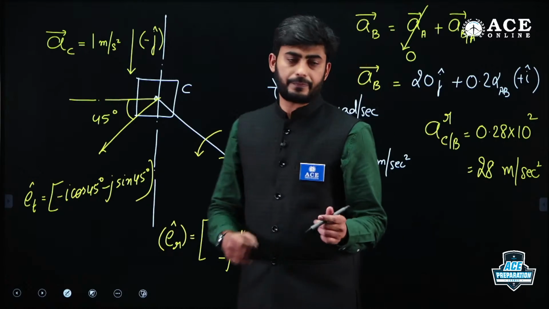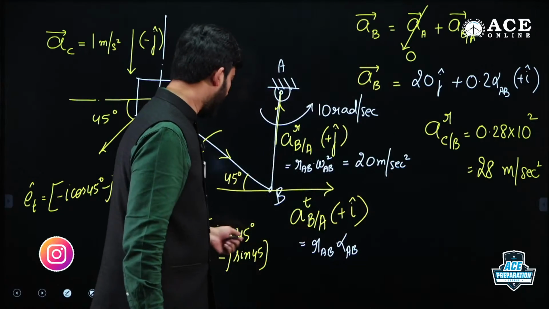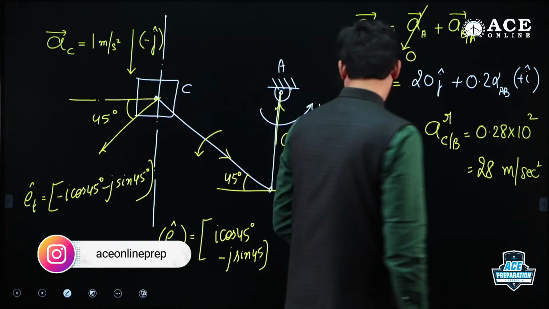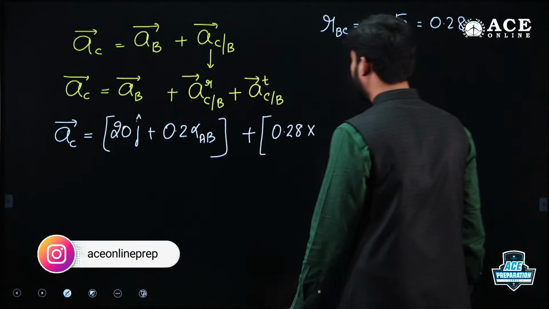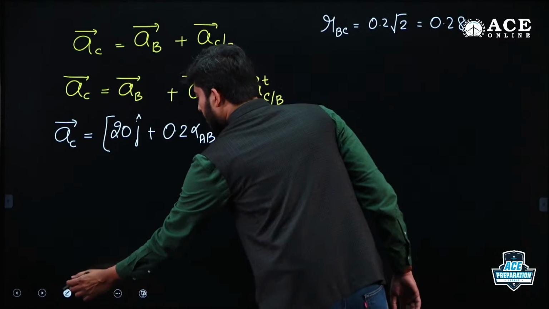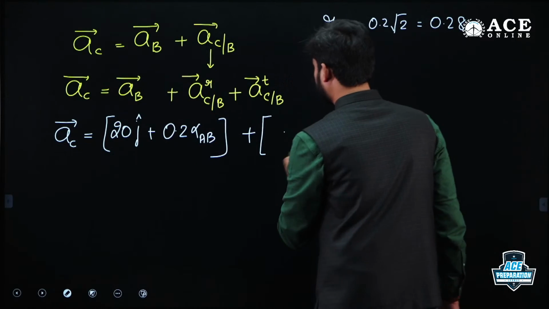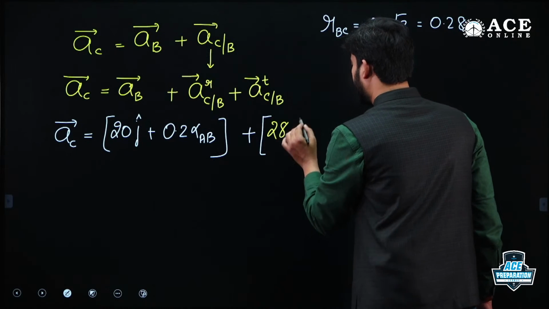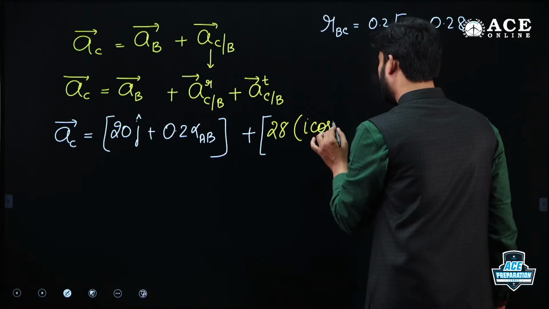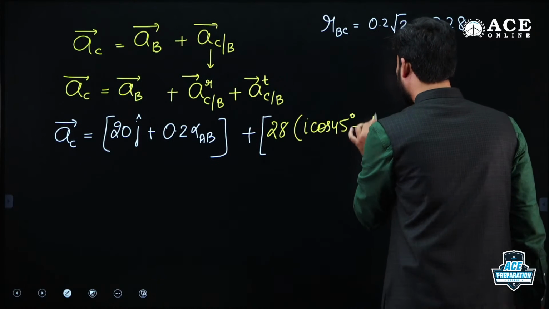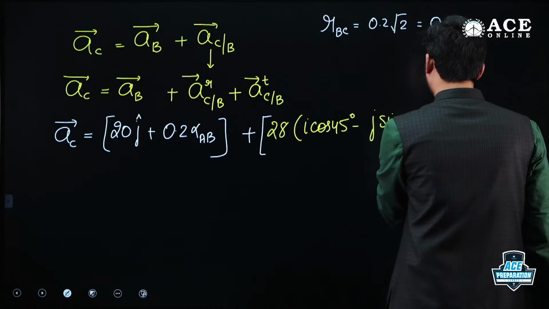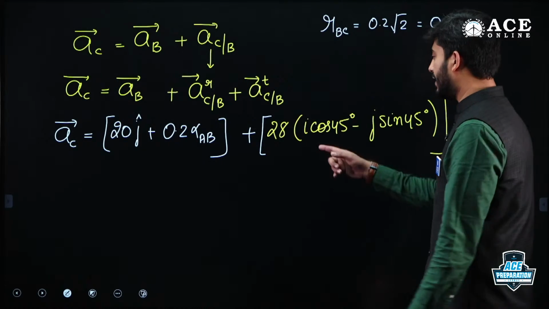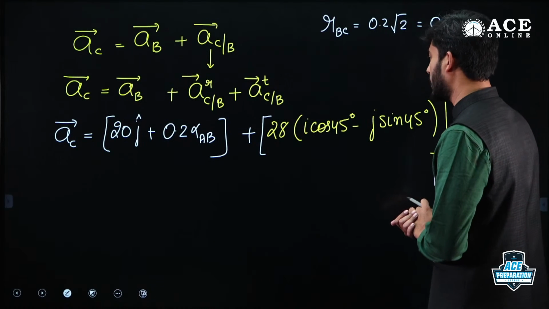Magnitude is 28, and the vector will be i cos 45 minus j sin 45. So let me write that. This is 28 into i cos 45 minus j sin 45. Okay, that is the radial component, that is also done.